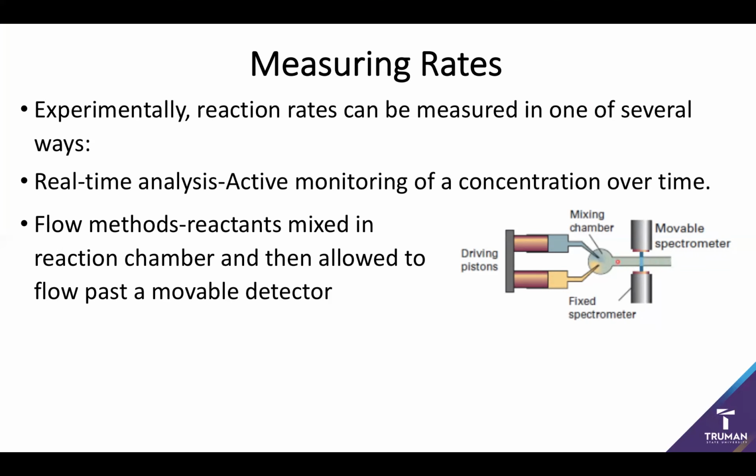However, if you know the flow rate of the material, each of these physical points is related to a time after reaction. And so by adjusting the flow rates, the mixing conditions, and the position of the spectrometer, you can actually gain a lot of information about the chemical reaction. And this is also highly beneficial in that you can just simply allow the reaction to continue and get much more of an averaged signal for the absorption at that given point.